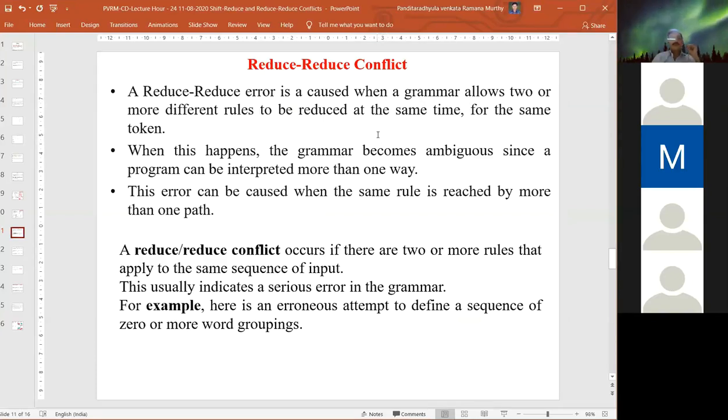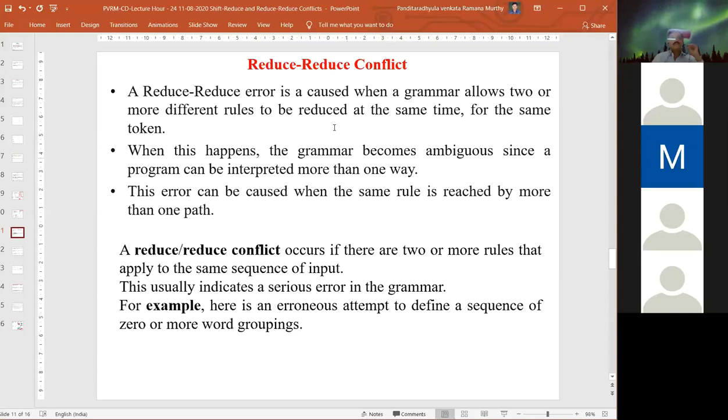Previously, we had a doubt whether we need to perform shift operation or reduce operation. Now a reduce reduce conflict: whether to reduce by the first production or by the second production. That is the meaning of this conflict.